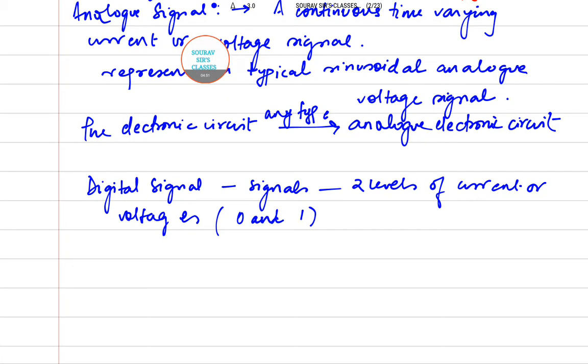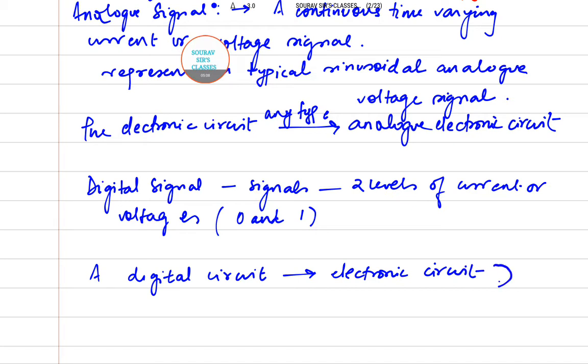Now what do we understand by a digital circuit then? A digital circuit is actually an electronic circuit in which the current or voltage have only two levels. It is either on or off.